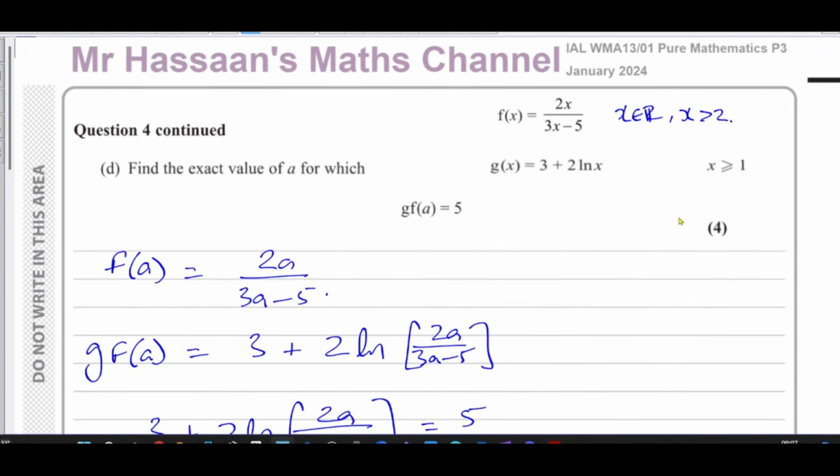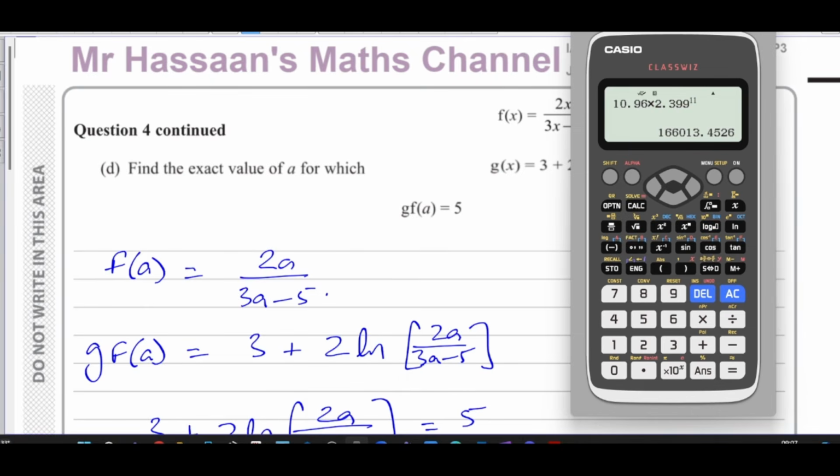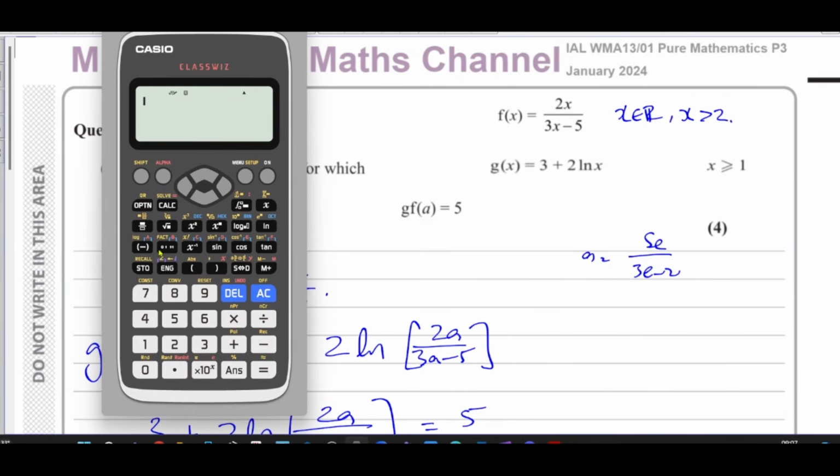So 5e over 3e minus 2, that's the value of a. Let's see what that actually gives us when I put it inside this function here.